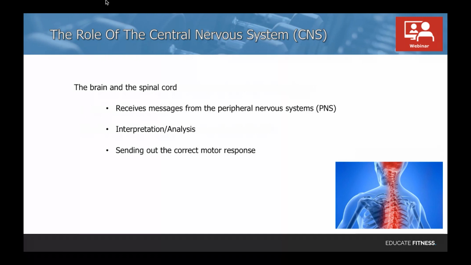The brain will then interpret and analyze the signals and the messages and decide what to do from there. Once it decides what to do, it will send out a correct motor response and will start to speak to the peripheral nervous system to then start to move, contract some muscles, create the skeletal movement we want.